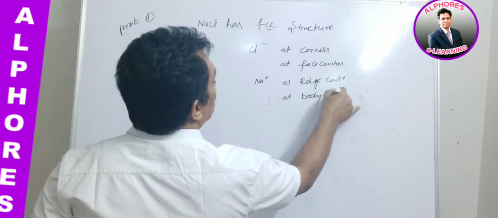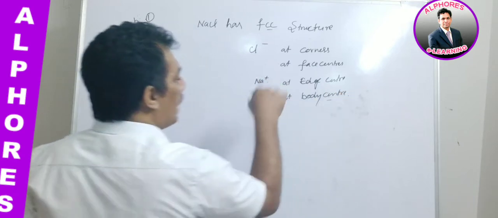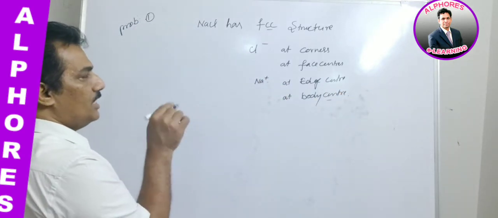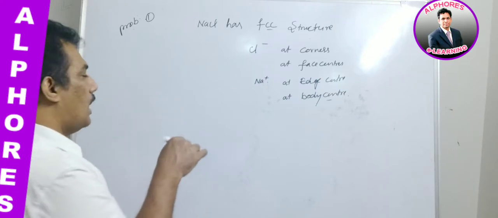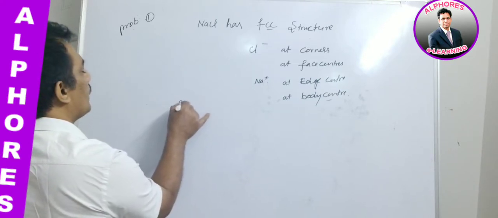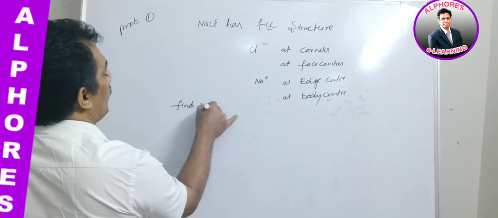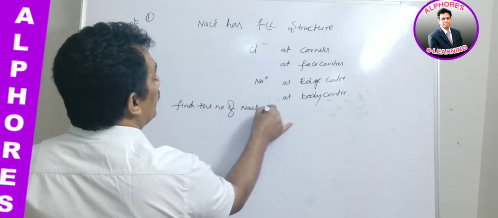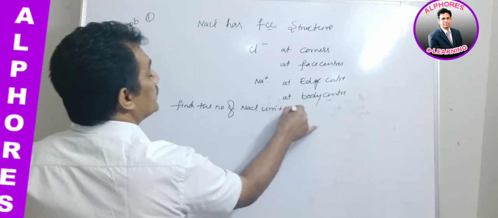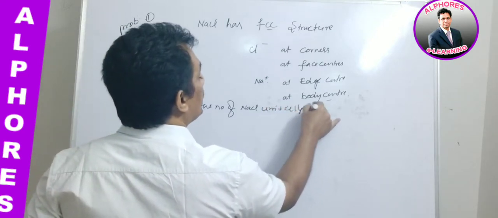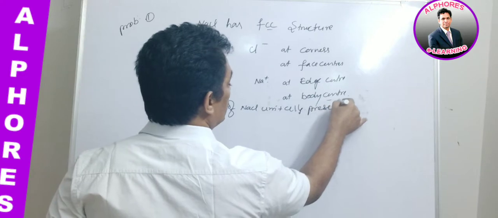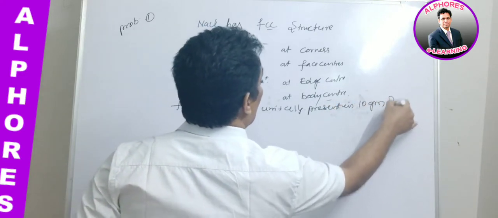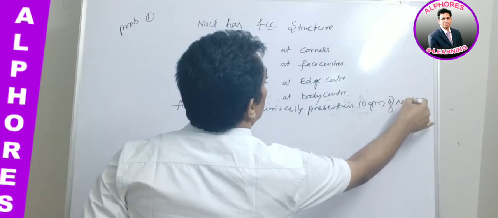These are the positions of these different ions. Now the question is, when they are arranged like this in an FCC structure, find the number of NaCl unit cells present in 10 grams of NaCl crystal.